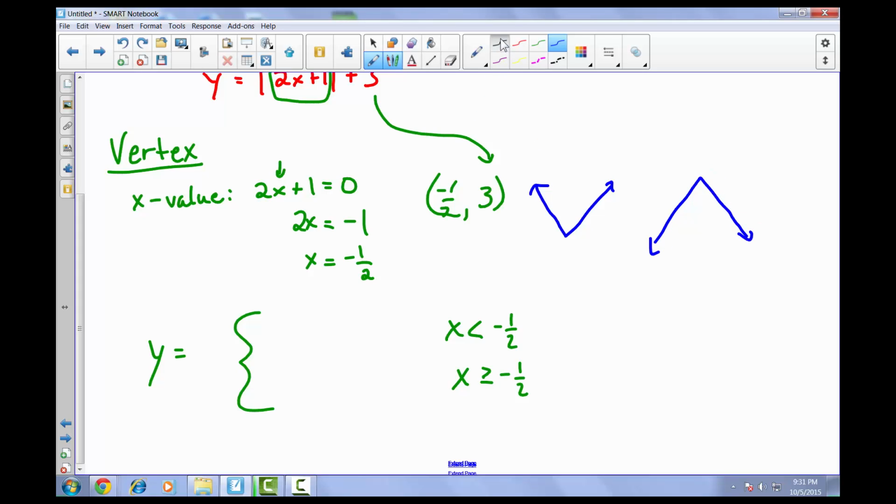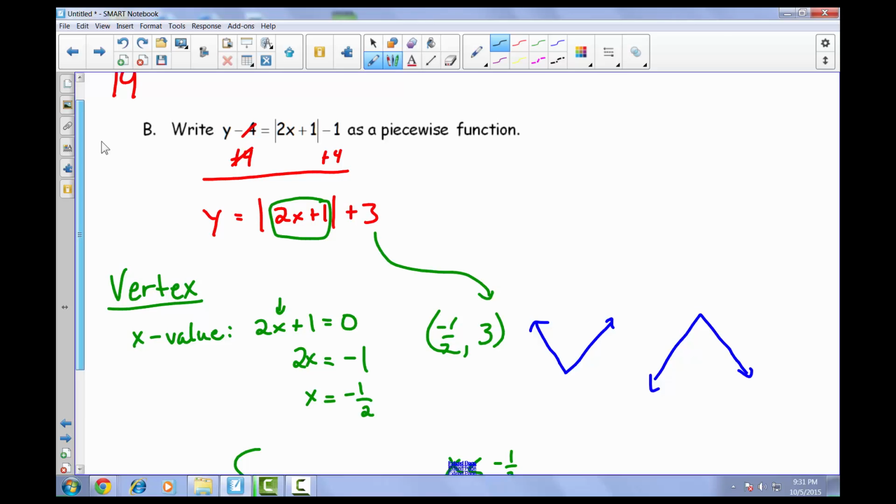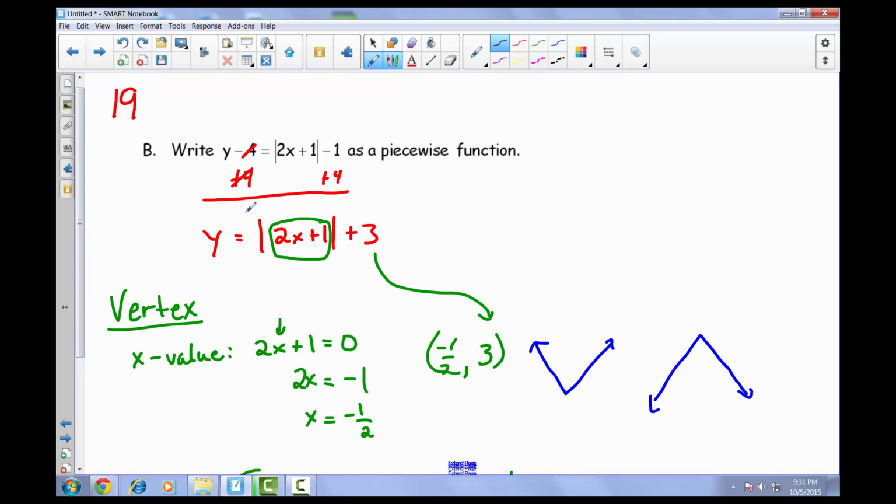And what determines whether it's facing up or down is actually that a value in front of our absolute value. Well, we know that our a value in front, if it's not written, is assumed to be 1, and that implies that we have a positive a value. So we are actually looking at a v doing something like this.